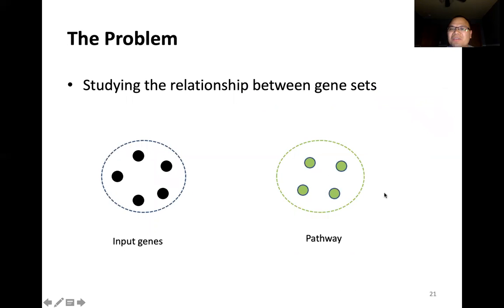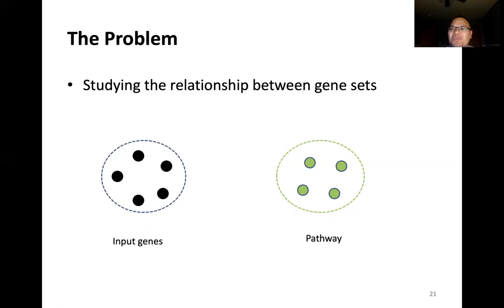Another type of research is where I try to identify the relationship between gene sets. On the left, you will see some genes, and these genes are called input genes. They are generated from some experiments, and the biologists want to understand them because they may have some function that is not yet known. The genes on the right represent a pathway.